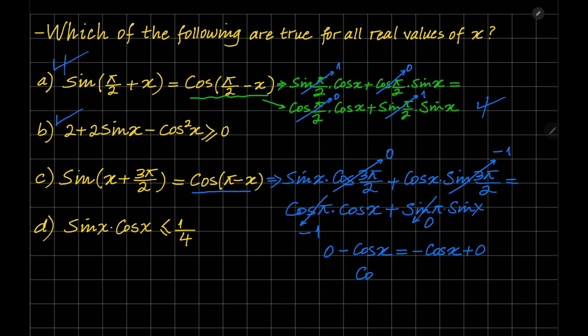That means cosine x is equal to cosine x, which is correct. So the option C is correct also.